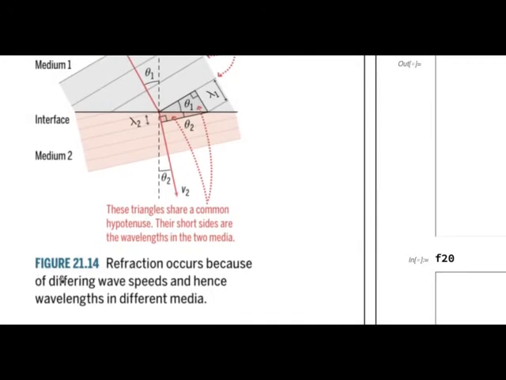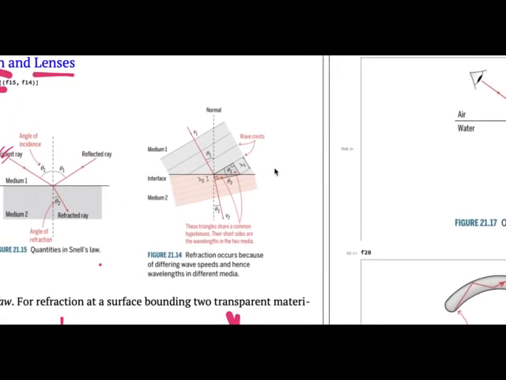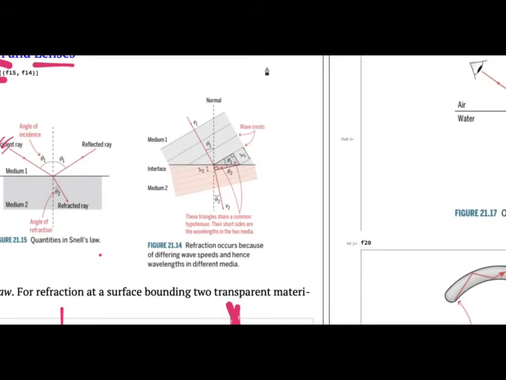Refraction occurs because of different wave speeds and hence wavelengths in different media. The speed of a wave is the speed in vacuum divided by the index of refraction.